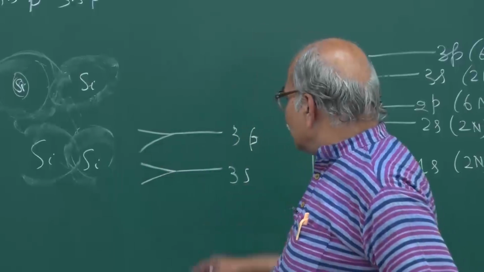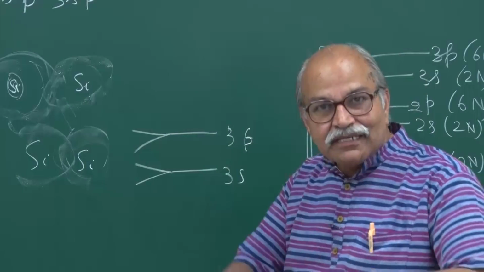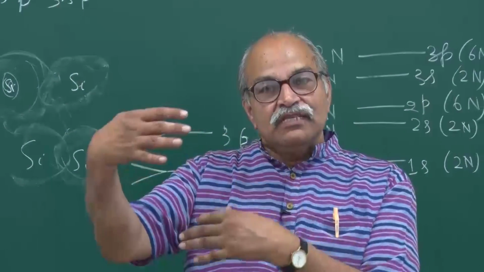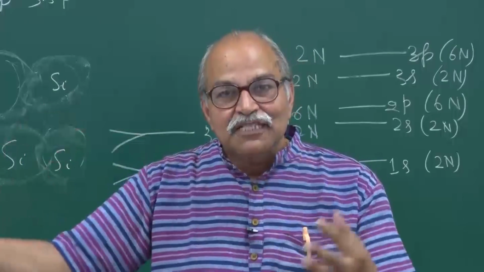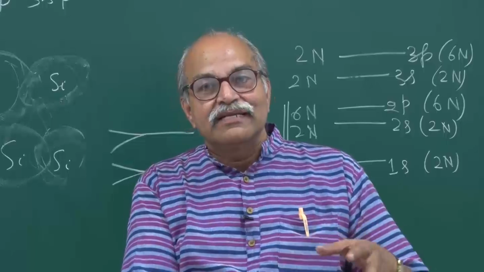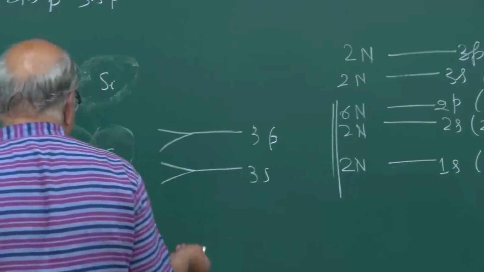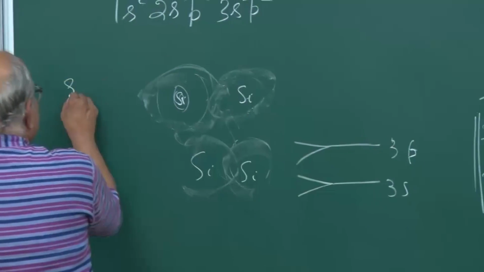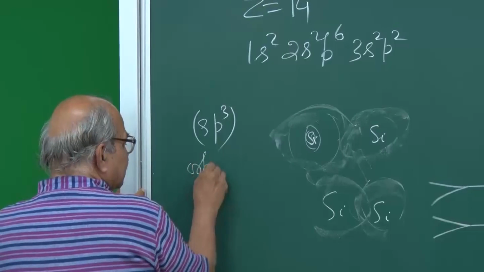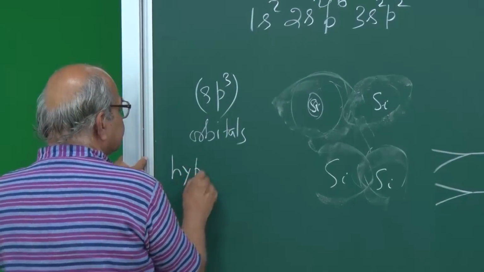A total of 8N quantum states are there, and you again get 8N independent quantum states, but the wave functions of these sp3 states will be very different from S states and P states, right. So this is known as sp3 orbitals or sp3 hybridization.